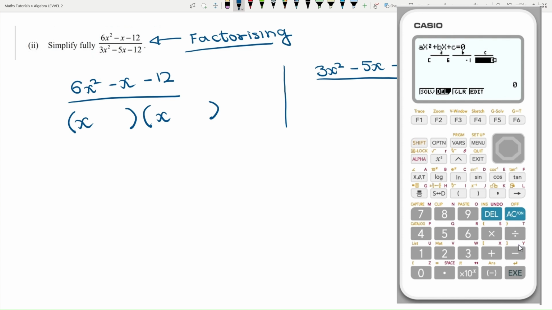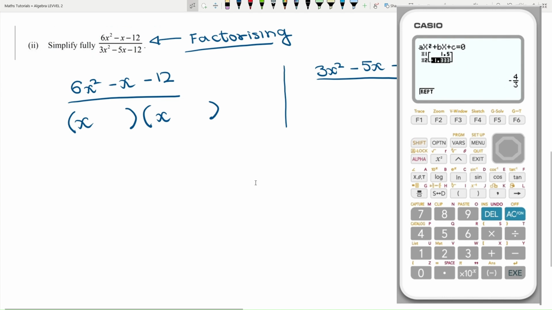The C value was negative 12. We're going to hit solve, and we're going to get an x-intercept at 1.5 or an x-intercept at negative 1.333, also known as negative 4/3.